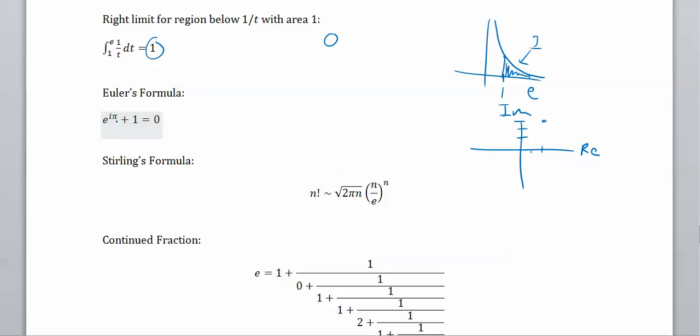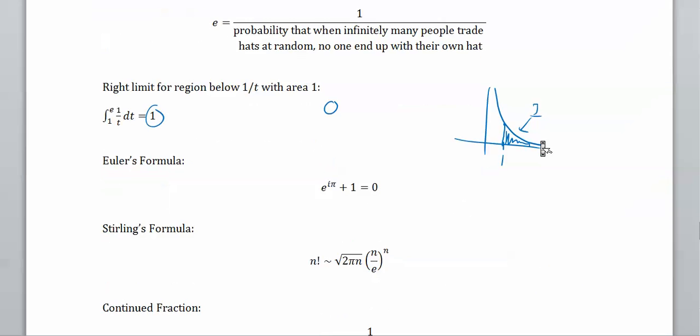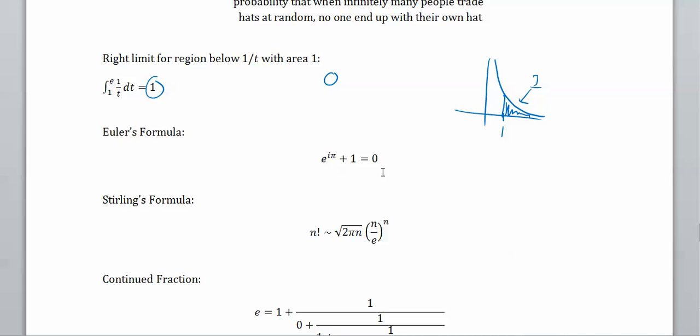Basically every complex number can be represented as a point in this plane, and e to the i times any angle, basically what you do is you travel that angle around the unit circle, and then you stop.